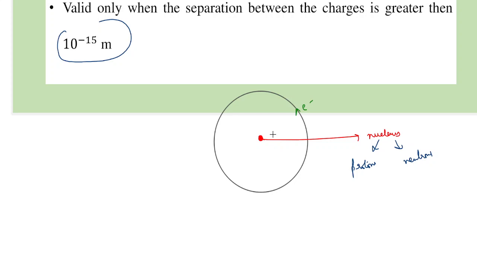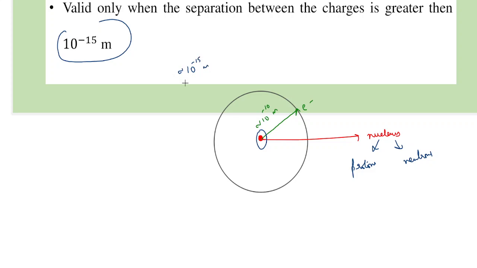Now generally the distance of the electron from this nucleus is of the order of 10 power minus 10 meter. It could vary based on the atomic size, but generally the size is of this order. But if we look at the nucleus alone, it is of the order of 10 power minus 15 meter.